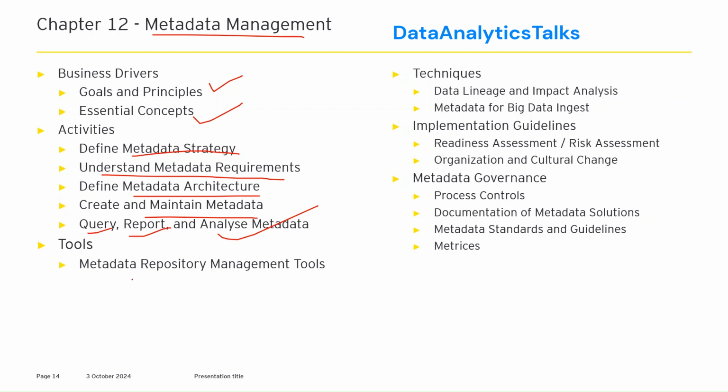The tools like metadata repository management tools, and techniques like data lineage and impact analysis and metadata for big data ingest. Coming to implementation guidelines, we have the readiness assessment and risk assessment, organization and cultural changes, and how do we govern this metadata: that's process controls, documentation of metadata solutions, metadata standards and guidelines, and finally various matrices.